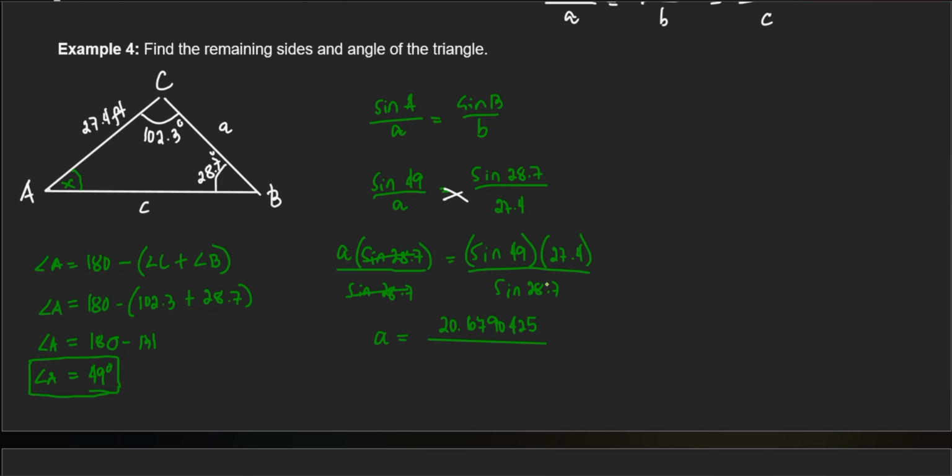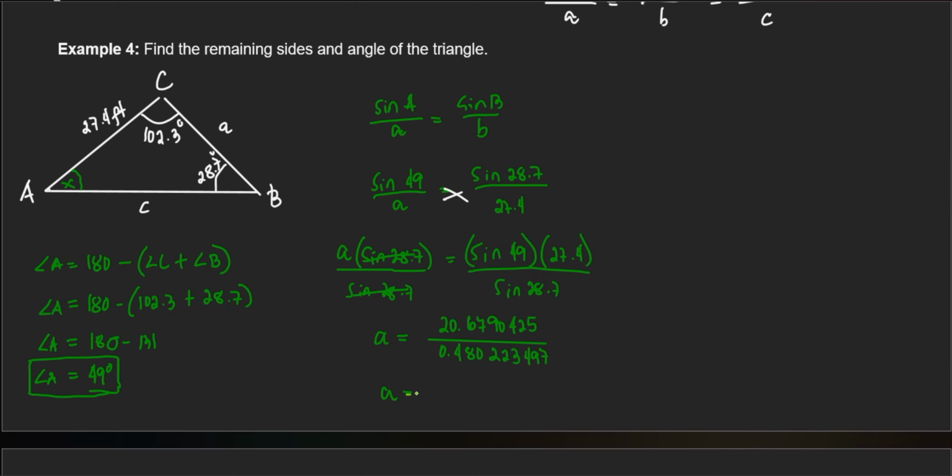Same goes to sine 28.7. So that is 0.480223497.